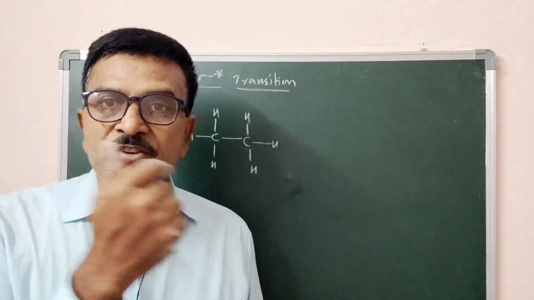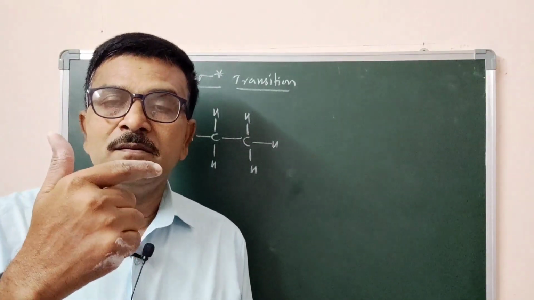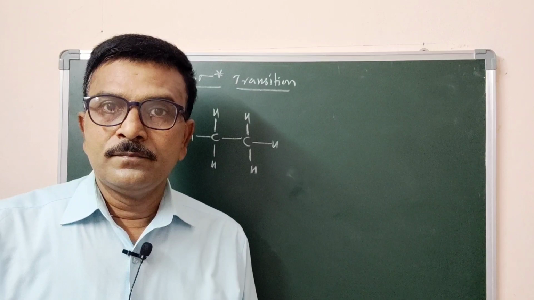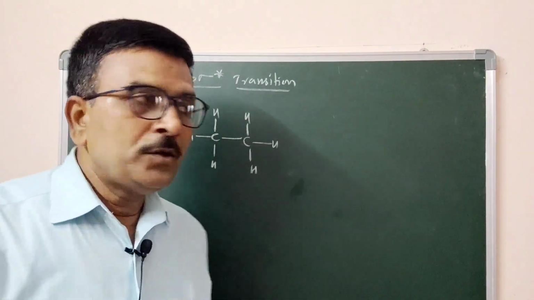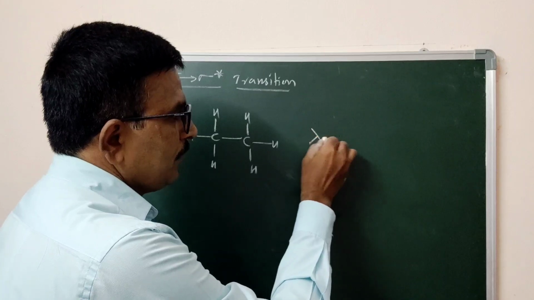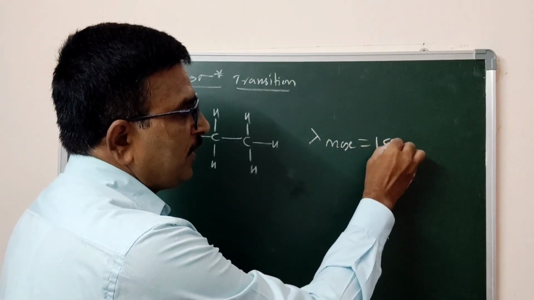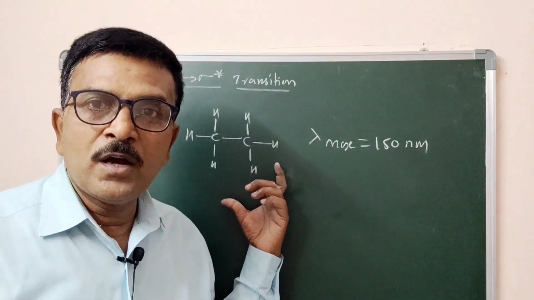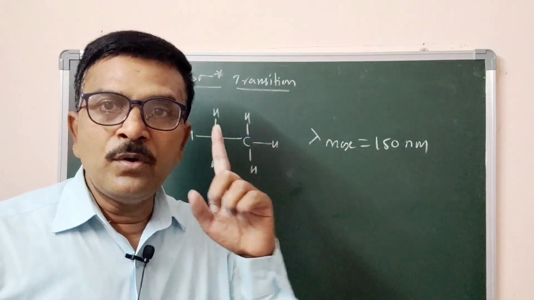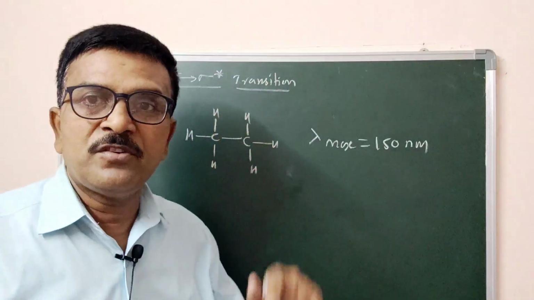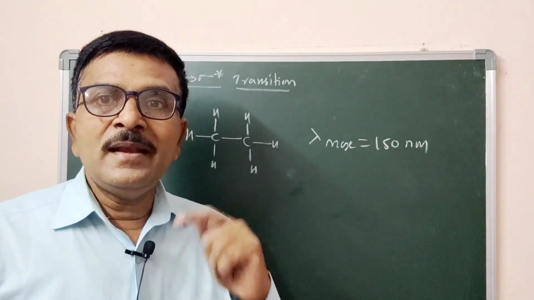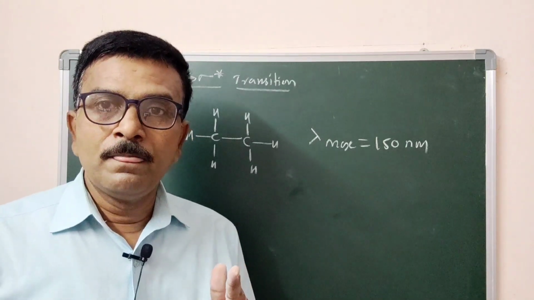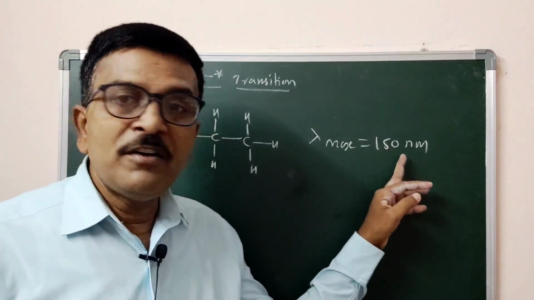Further, just now we studied the energy required for sigma to sigma star transition is higher, with the wavelength corresponding to 150 nanometer. Lambda max is equal to 150 nanometer. Now this is a saturated hydrocarbon where it has a possibility of only one type of transition, that is sigma to sigma star transition. Further, the energy required for this transition is higher, equal to the wavelength of 150 nanometer.